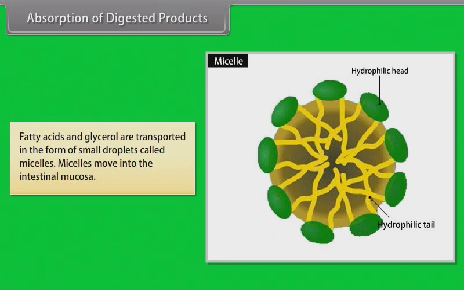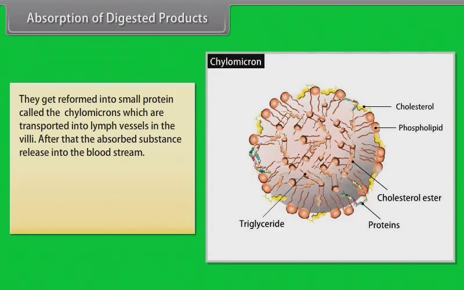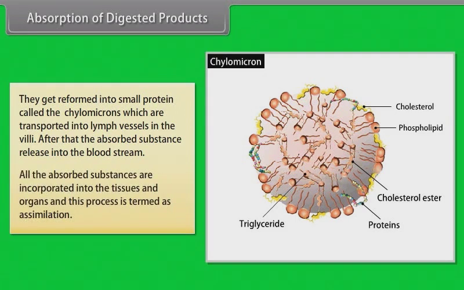Micelles move into the intestinal mucosa. They get reformed into small protein-coated droplets called chylomicrons, which are transported into lymph vessels in the villi. After that, the absorbed substances are released into the bloodstream. All the absorbed substances are incorporated into the tissues and organs, and this process is termed assimilation.